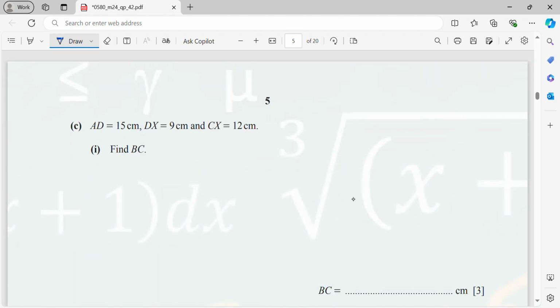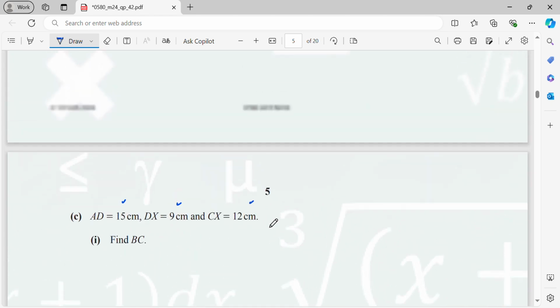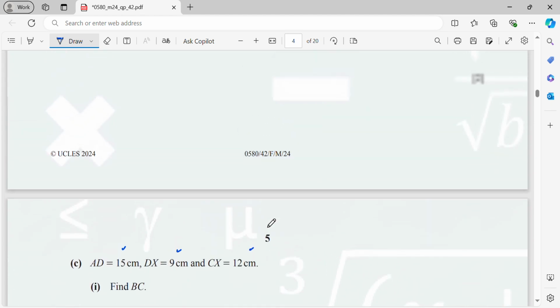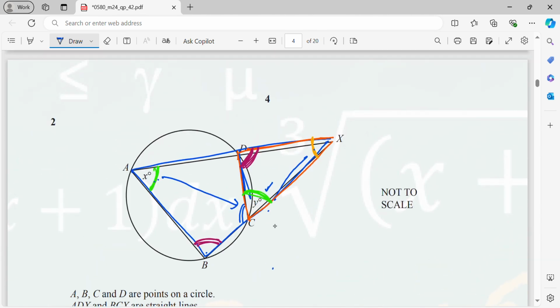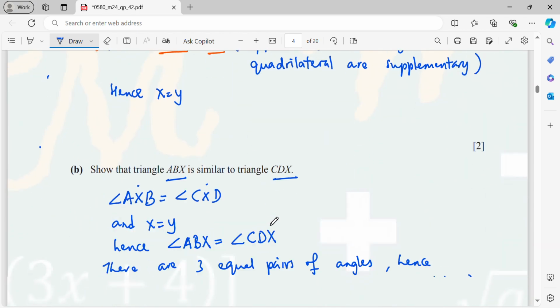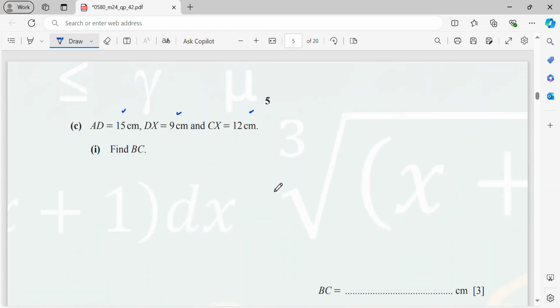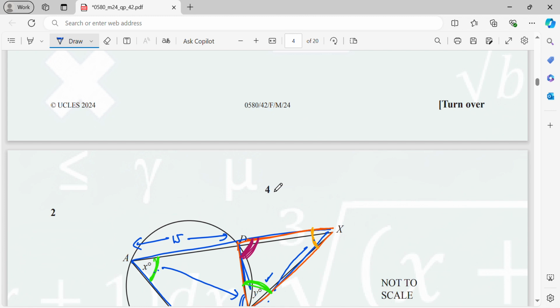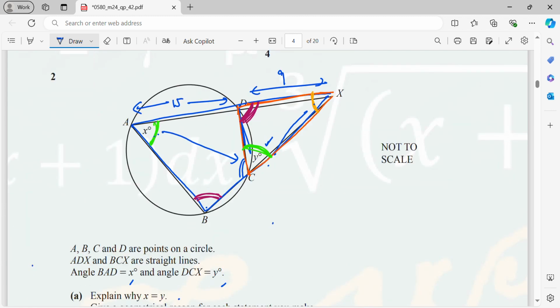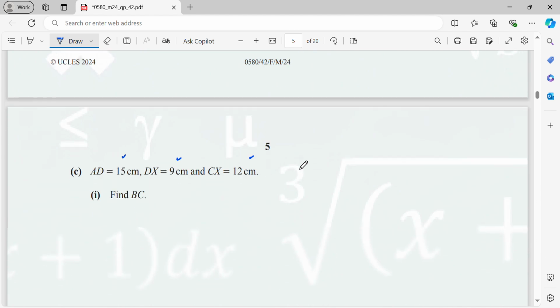Right, now see, AD is 15 centimeters, DX is 9, CX is 12. Find BC. So go back to the triangle here. AD is 15, DX is 9, and CX is 12. Now you are requested to find BC.